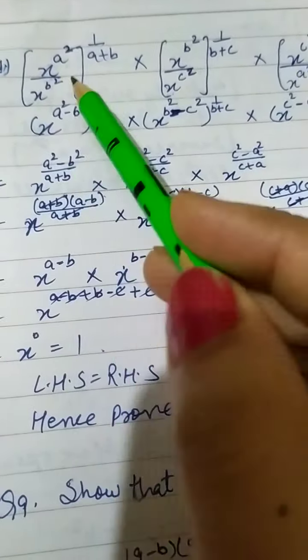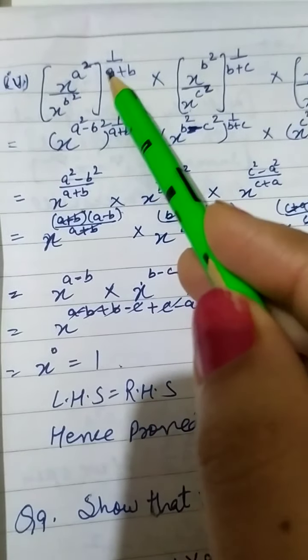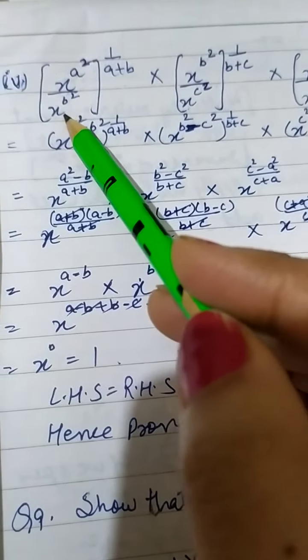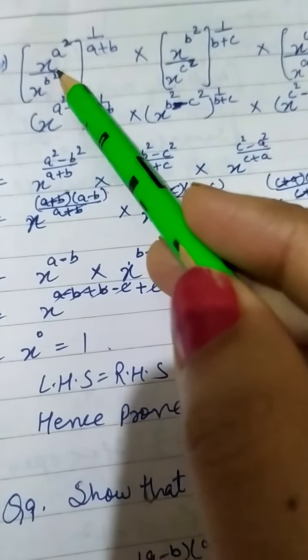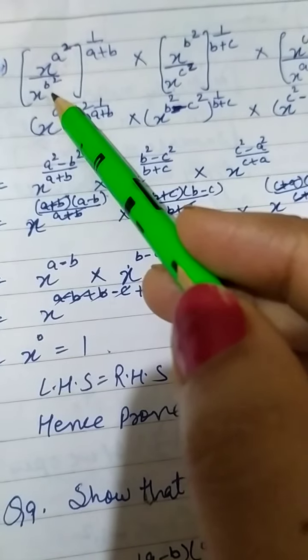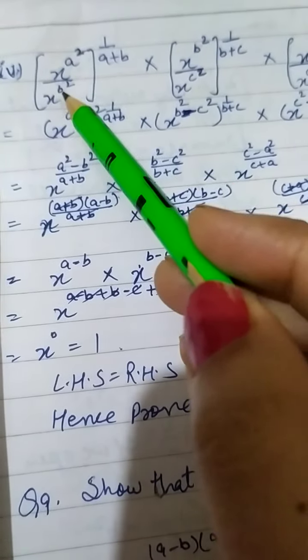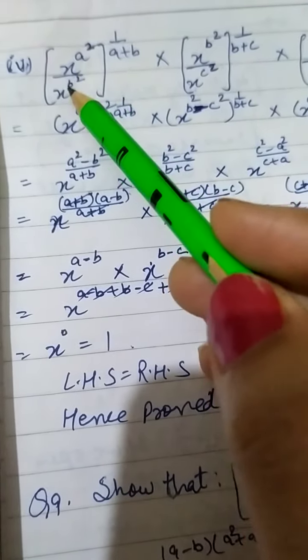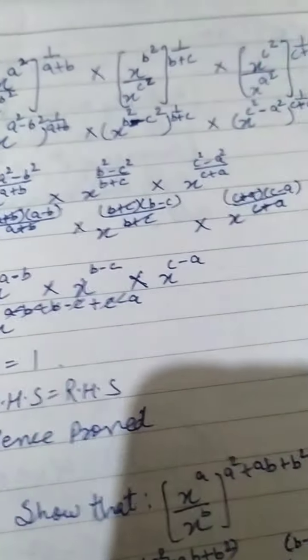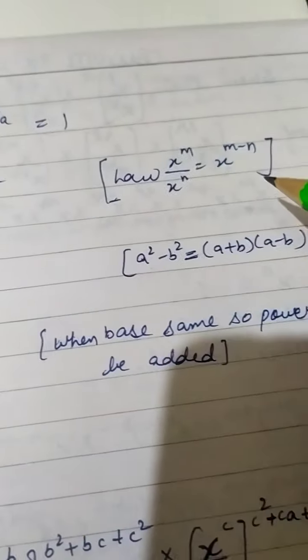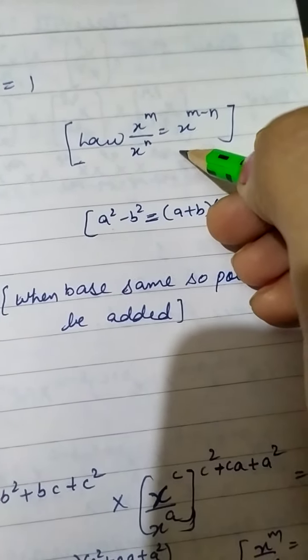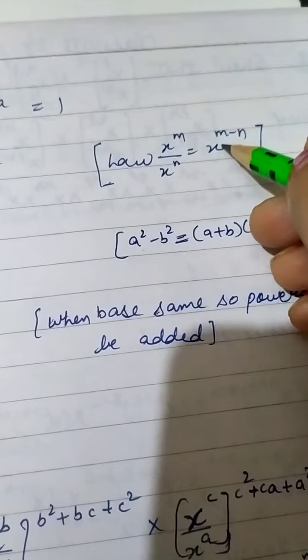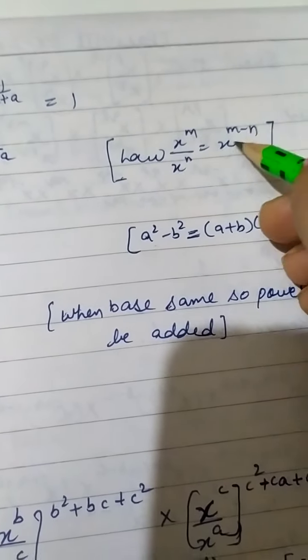Now we will add the powers. First of all, this is in division. So remember law 2: if powers are in division and bases are the same, we subtract the powers. This law: x raised to the power m upon x raised to the power n equals x raised to the power m minus n.